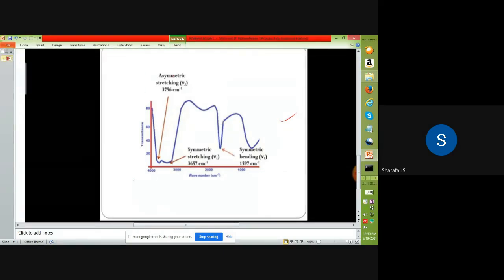You can see the asymmetric stretching vibration at 3,700. This dip is associated with the symmetric stretching at 3,607, and this particular dip is associated with the bending. So this is the exact spectrum that we will get from infrared spectroscopy of water.